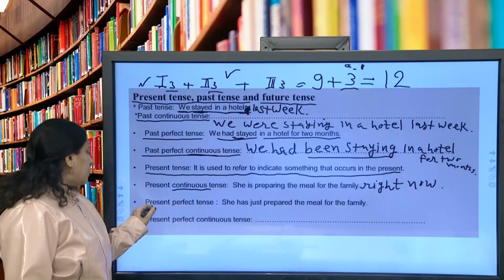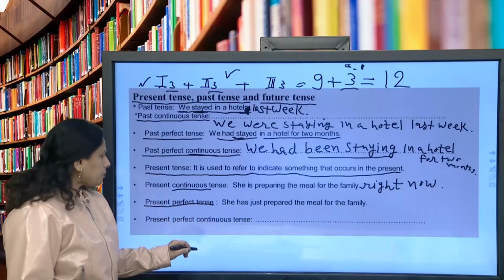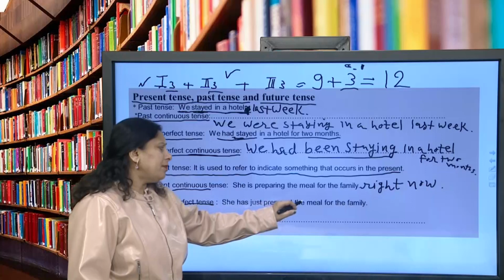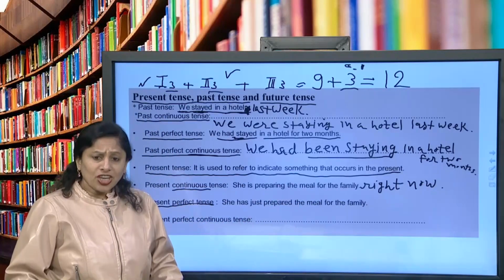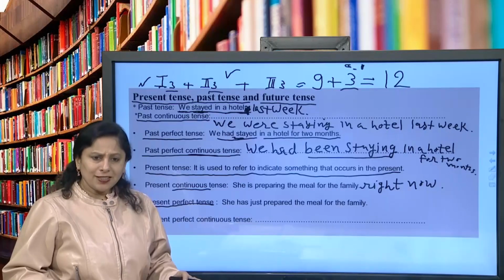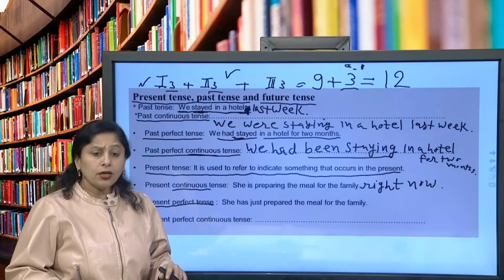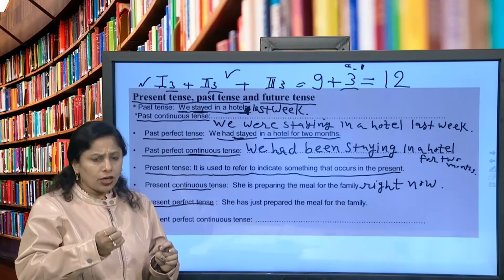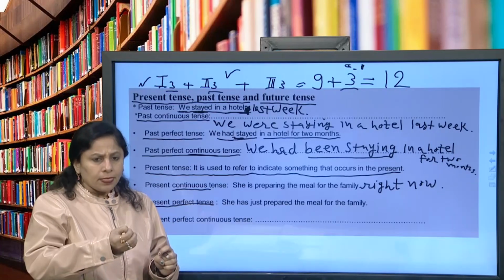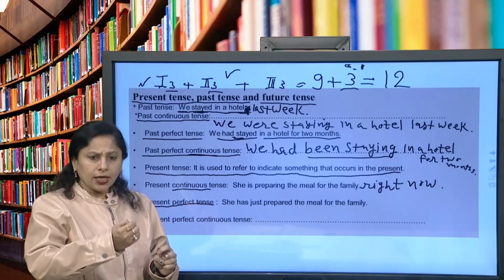Then there is present perfect tense. She has just prepared the meal for the family. She has just prepared means the action is finished. The action is over, but the action is over recently, in a short period of time, in the minimal period of time, in the current period of time.